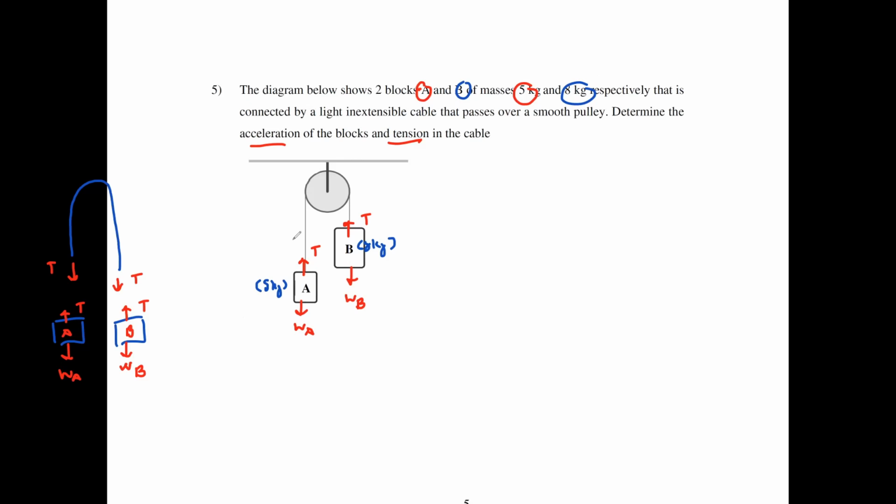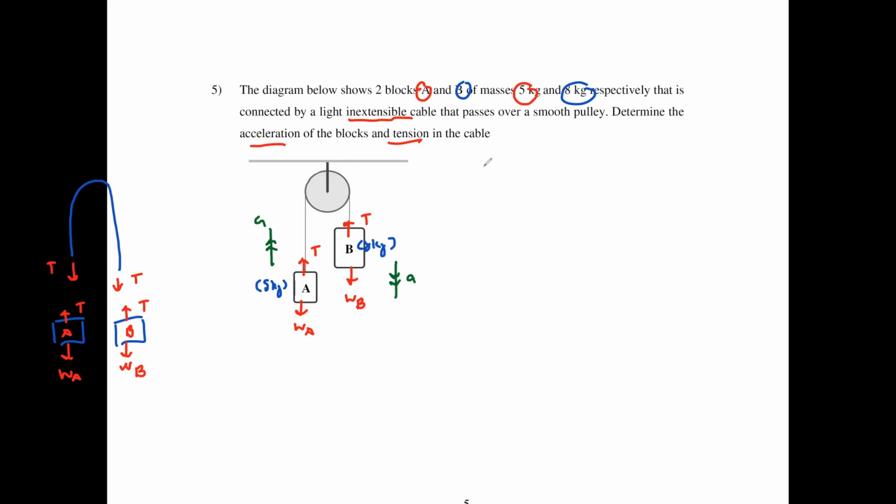So since they are connected by, again, a light inextensible cable, they will both experience the same acceleration. So if I use a different color here, you have an A downwards and you have an A upwards. Okay, so now I want to consider the blocks separately.